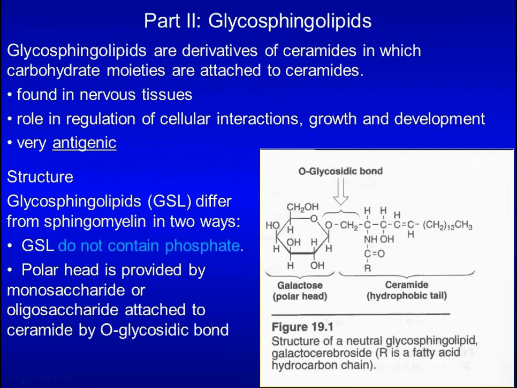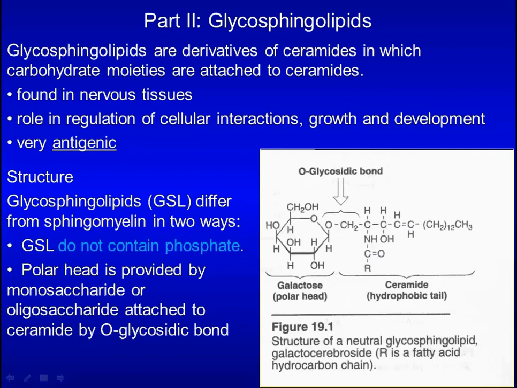Glycosphingolipids are derivatives of ceramides, in which carbohydrate moieties are attached to ceramide. Glycosphingolipids are found in nervous tissues. They play a role in regulation of cellular interaction, growth, and development. They are very antigenic.